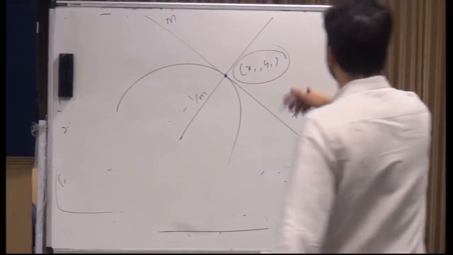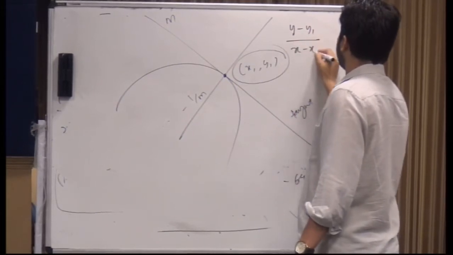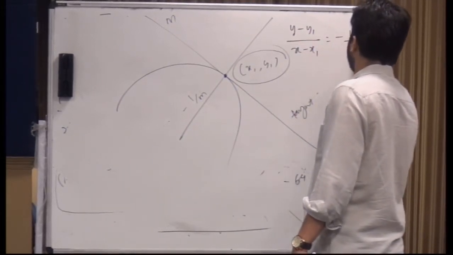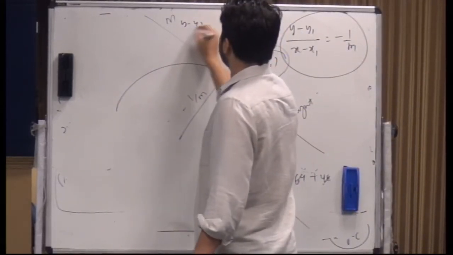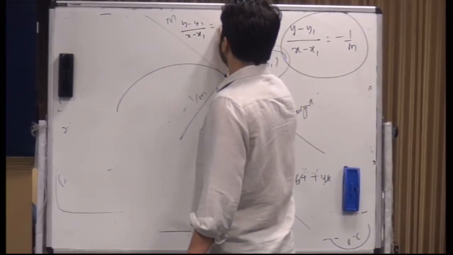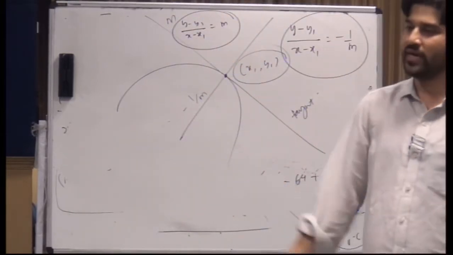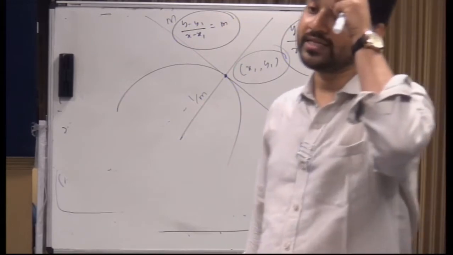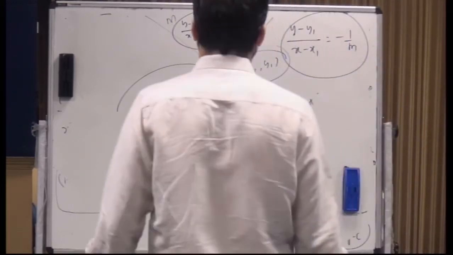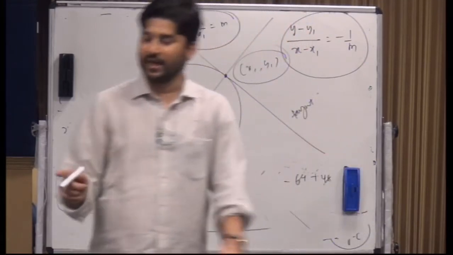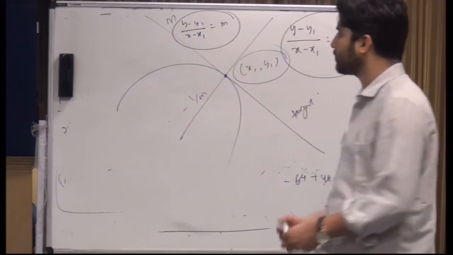So what is going to be the equation? Equation is going to be y minus y1 upon x minus x1 is equal to minus 1 by m. This is the equation of normal and this is the equation of tangent. So once you know the equation of tangent and point of contact, you can easily find the equation of normal. So normal is nothing but a line which is perpendicular to tangent and passing through the point of contact. Okay.